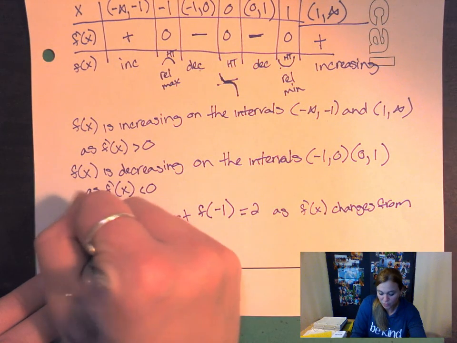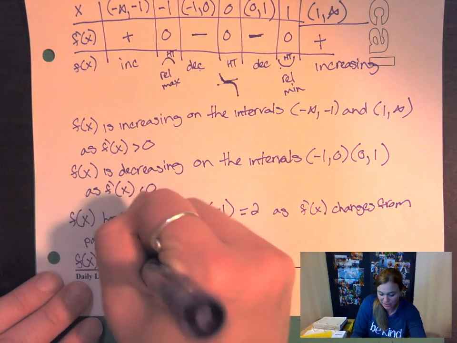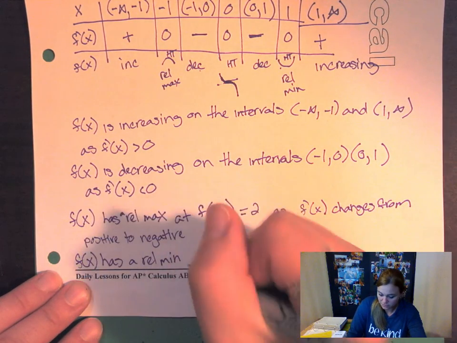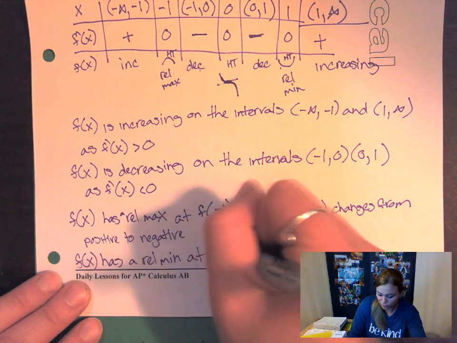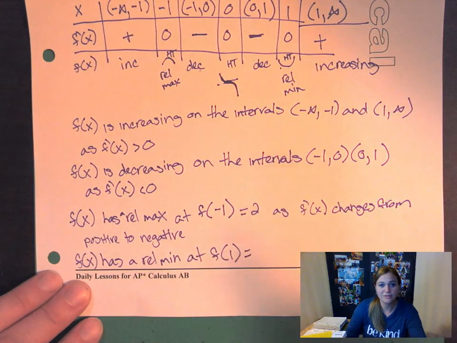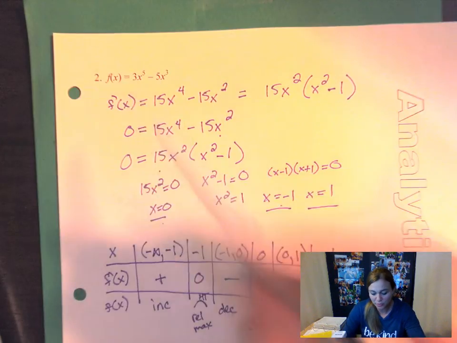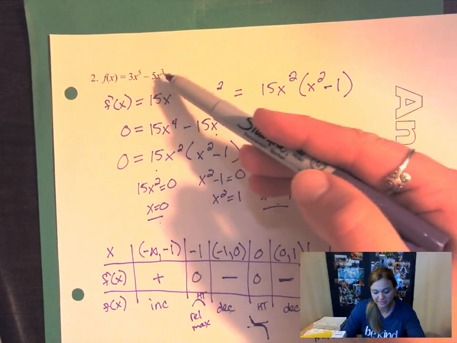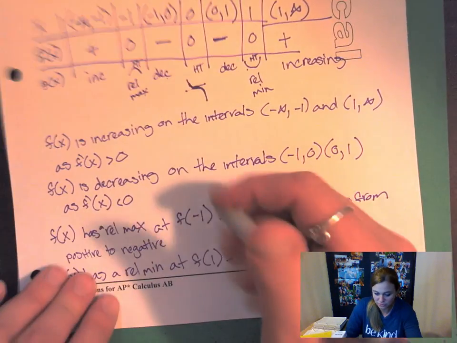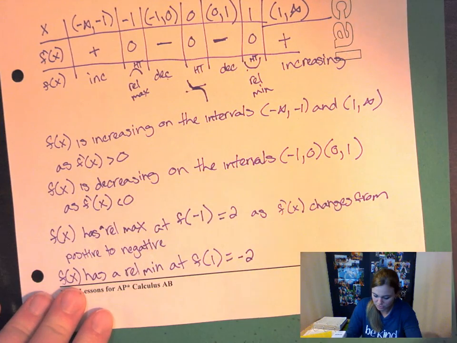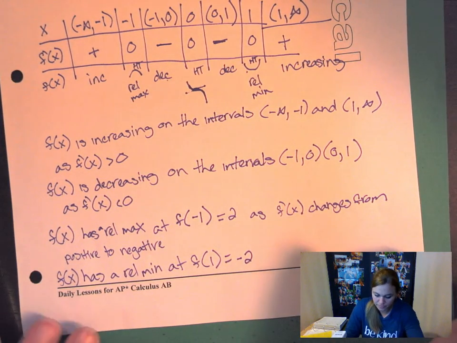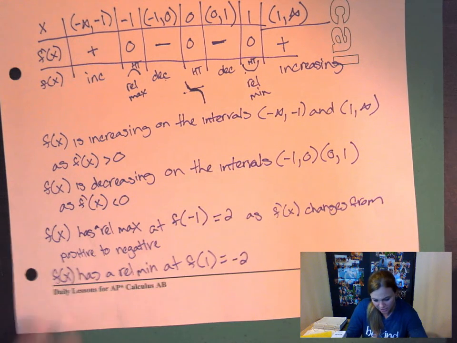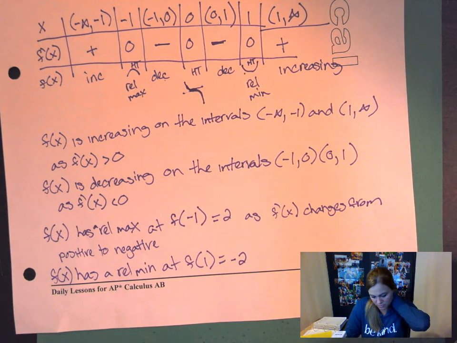And then I'm going to say one more, f of x has a relative min at f of 1 equals, and if I do the same thing as before and I come up here and I put in 1, 1 to the 5th power is 1, so I get 3 minus 5, I get negative 2. I want to make sure I didn't mess something up. No, I think I'm good.